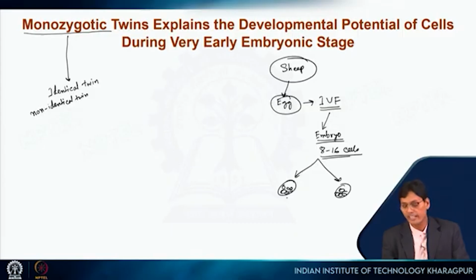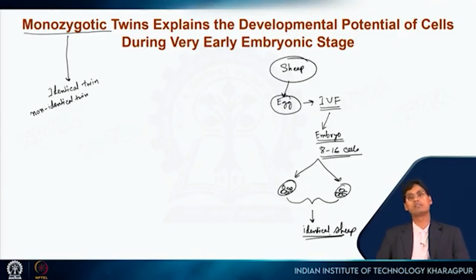And now, if these embryos are implanted in a surrogate mother, in this case a sheep, then it will give rise to birth, it will give rise to identical sheep, just like our monozygotic twins.